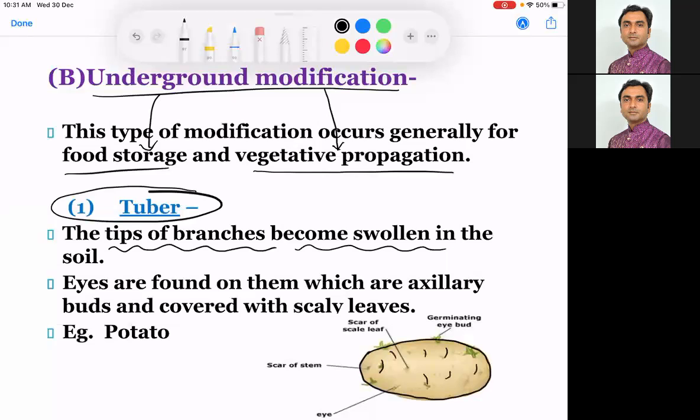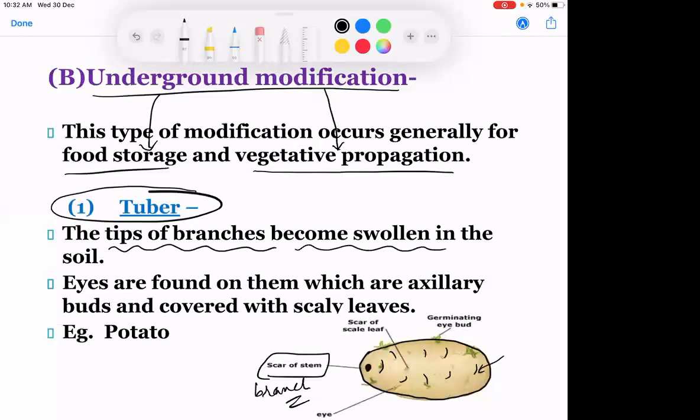One is the place where it attaches with the potato. Second, buds, and third, this kind of structure. It is a part of a leaf, a scaly leaf, of the potato.